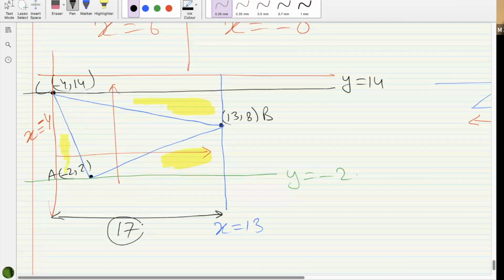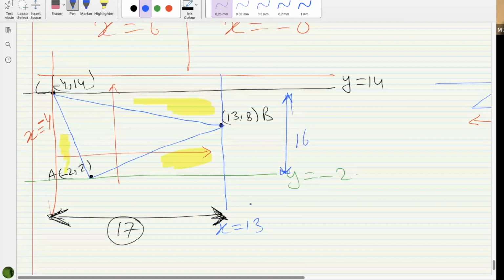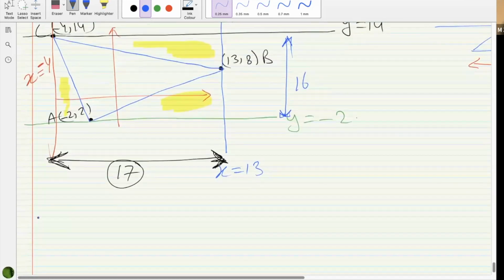So this is 17 units long. 17 by, we have this length 14 and -2, which is 16. So the area of the complete rectangle is 17 times 16.